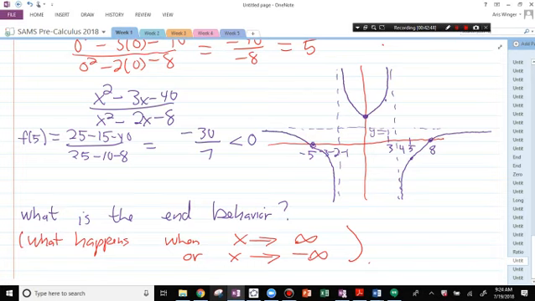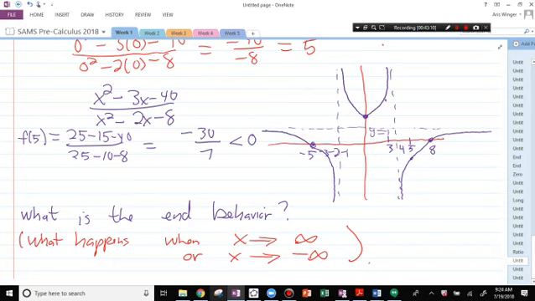I'm going to talk about horizontal asymptotes in all the cases in just a second. But any questions about analyzing rational functions? That's the analysis you would do in pre-calculus courses in high school and in college. You would go through this over and over again, 15 of these, where you would look at where it hits the x and y axis, set the denominator equal to 0, set the numerator equal to 0, define the intercepts.